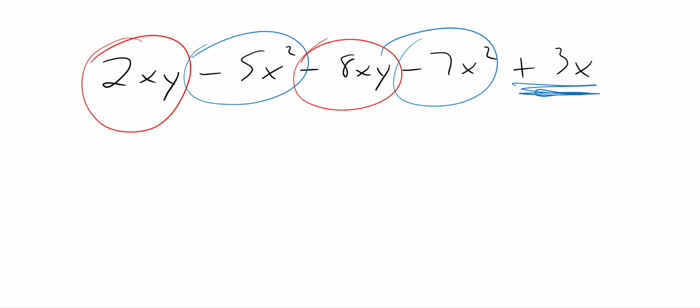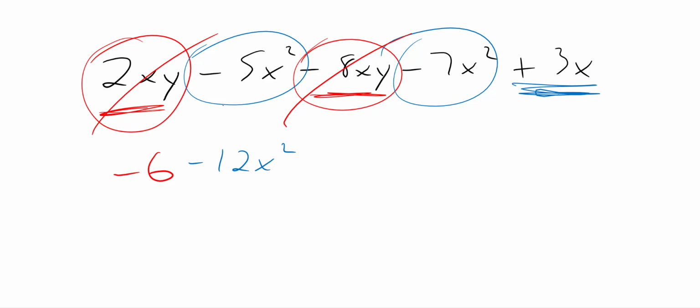There's nothing to combine with that one. So let's do that one. 2xy minus 8xy. As long as they're like terms, the x and y are the same, right? Then you can say 2 minus 8 is negative 6. Okay, so we got that done. And then the next one is negative 5x squared minus 7x squared is negative 12x squared. And then there's nothing to combine with the 3x, so it's plus 3x. And that's your final answer.